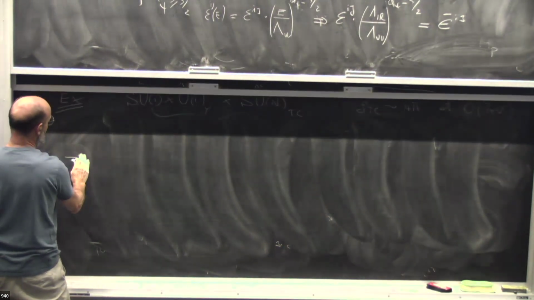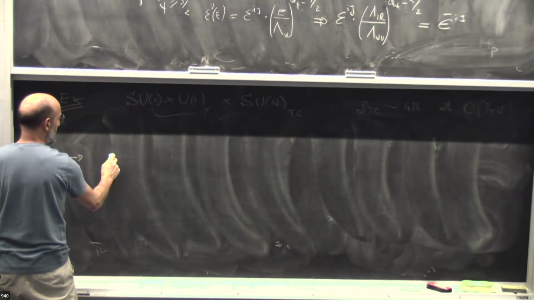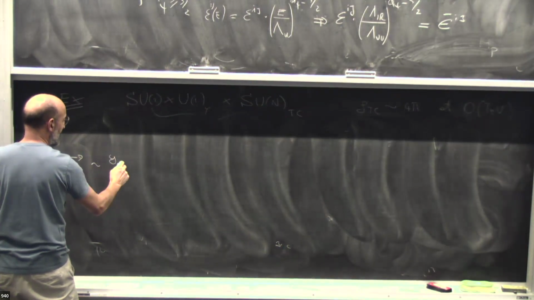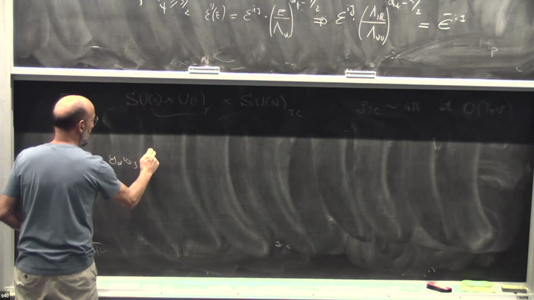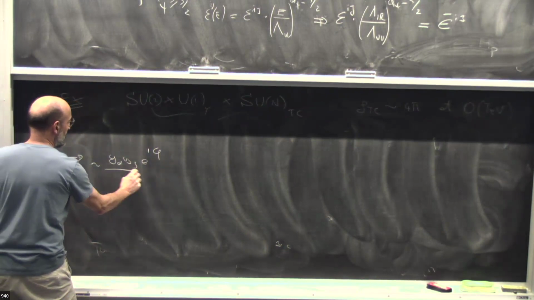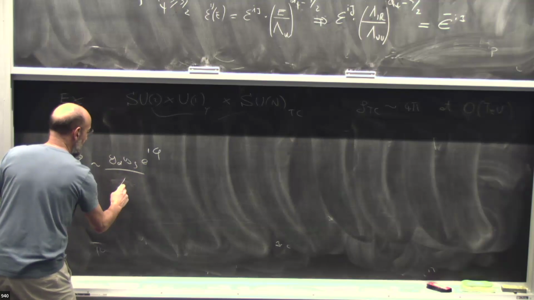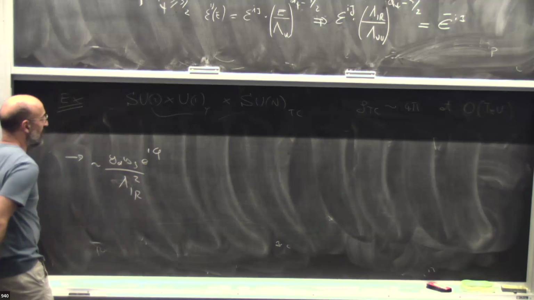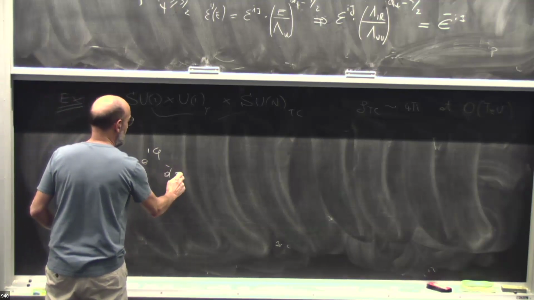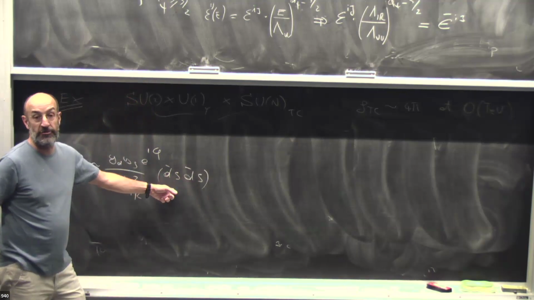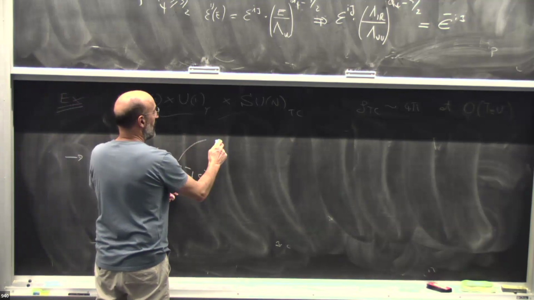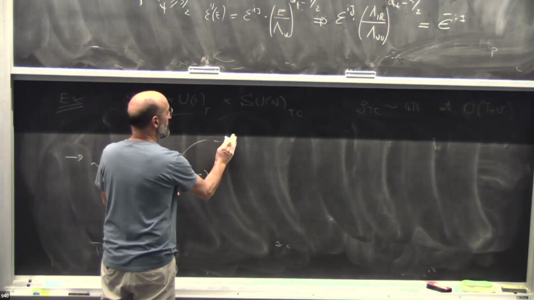If you generate an interaction of this type, it goes like the down Yukawa times the strange Yukawa times some arbitrary phase, divided by the mass of new physics, lambda IR squared, times d bar s squared. And this gives a contribution to delta K, K bar mixing.